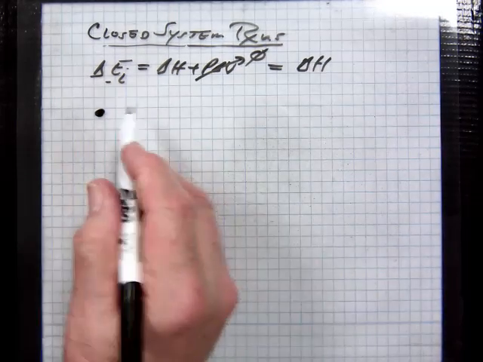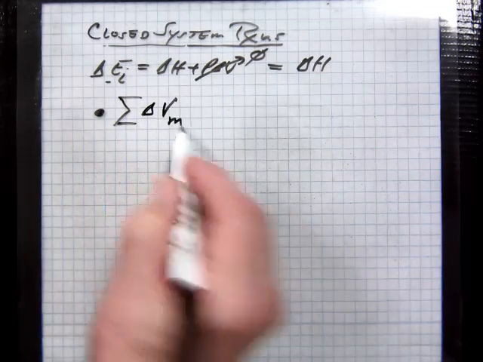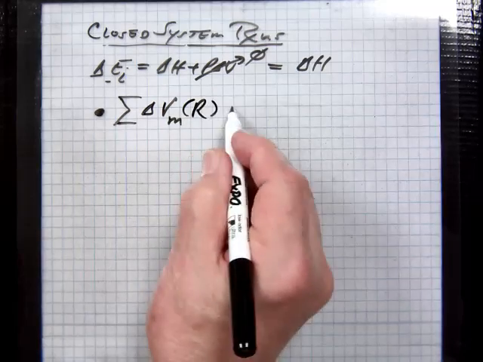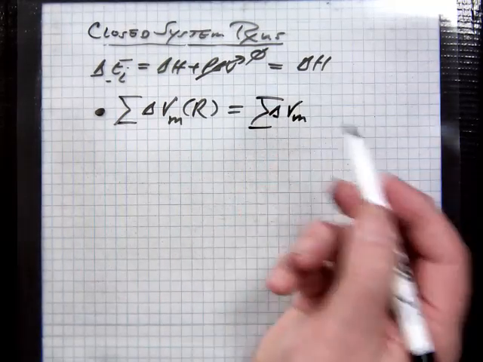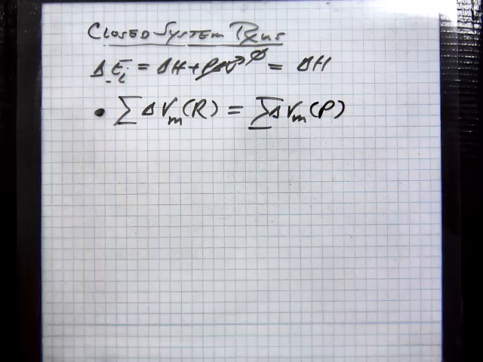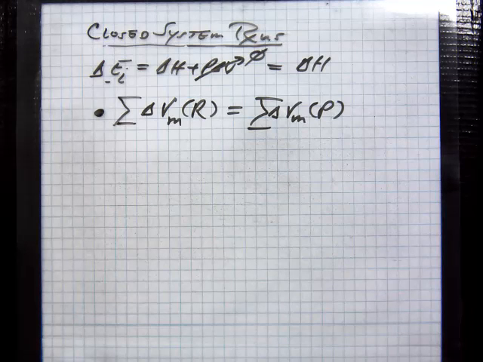First one, if the sum of the change in molar volumes of the reactants, R, is equal to the sum of the change in molar volumes of the products, you have a closed system. That's gas phase reactant, sum of gas phase products, take the difference and you wind up at 0.